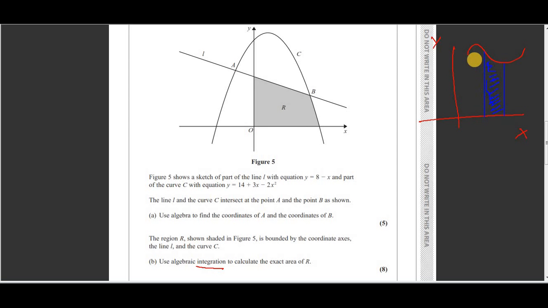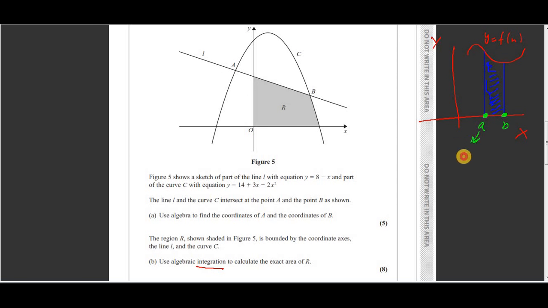So you need the equation of the curve, y equals f of x, and you need these 2 points on the x-axis. Let's call them a and b.